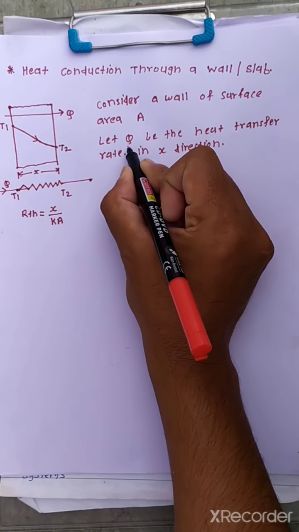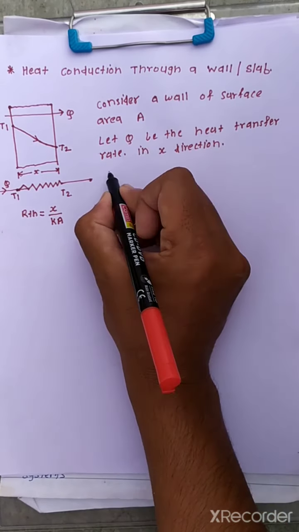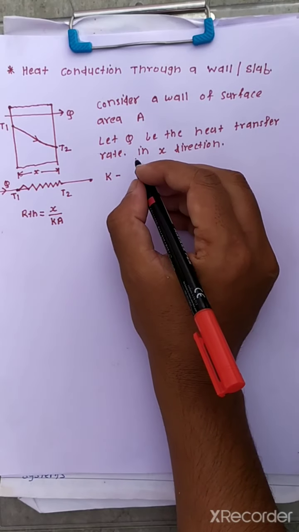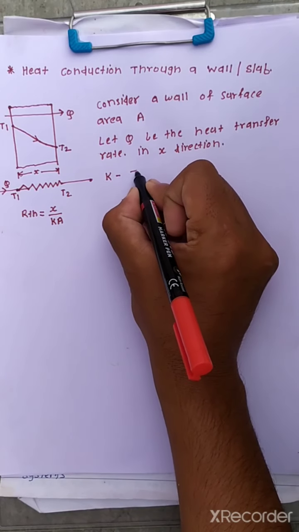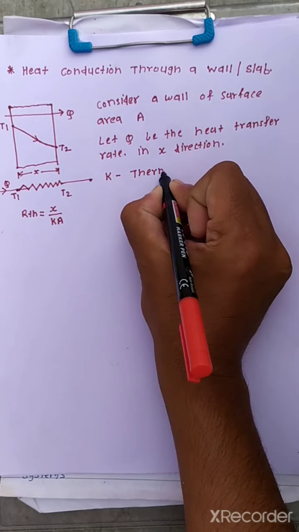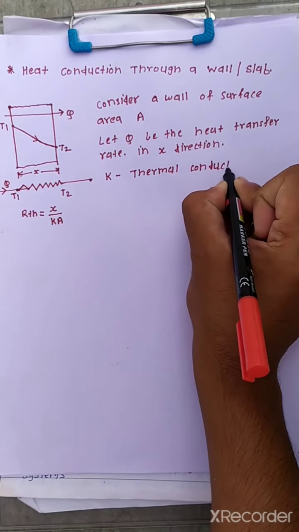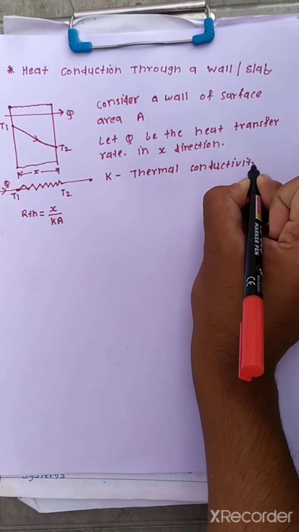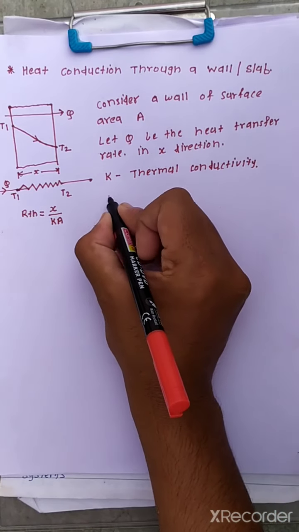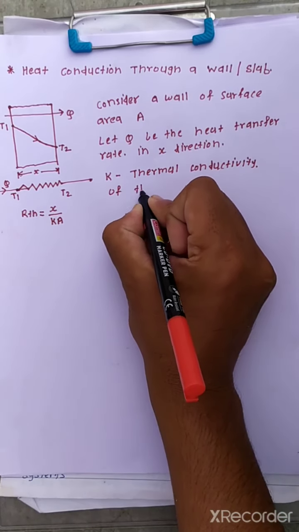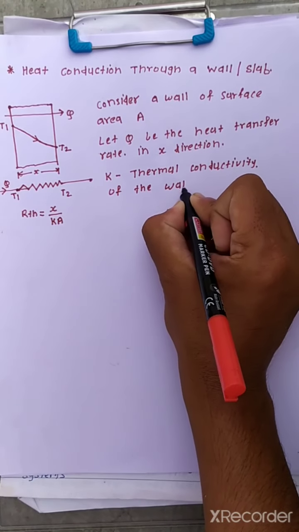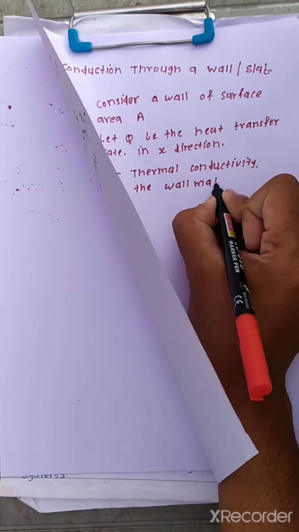Heat transfer rate means heat transfer per unit time, and K is the thermal conductivity of the wall material.